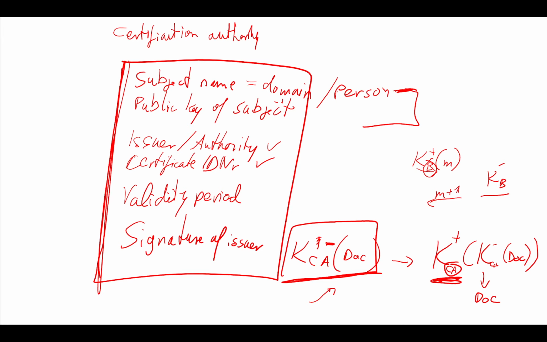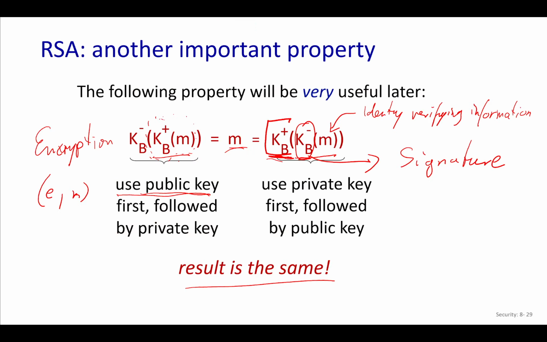And in this kind of case, if you want to sign a document, we don't really want to have the signature being this big. So you want to have some kind of short way to represent the document without actually using the document. And here's where the hash functions come into play.